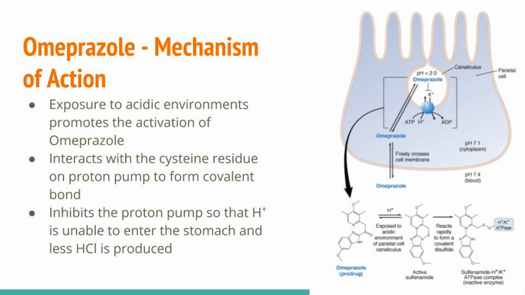The inhibition of the pump prevents hydrogen ions from entering into the stomach, where they are used to form hydrochloric acid. Therefore, by inhibiting the pump and preventing hydrogen ions from entering the stomach, there is less hydrochloric acid within the stomach and the gastric pH levels increase.